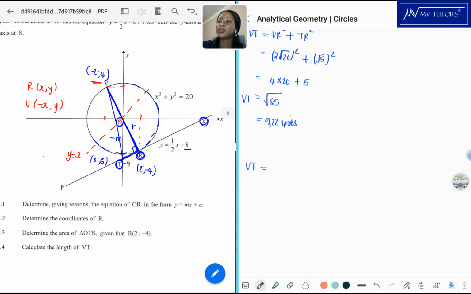Okay, and you would have said the x coordinate of V is minus 2, the x coordinate of T is 0. Okay, the y coordinate of V is 4, and that of T is minus 5, so that would be plus 5.